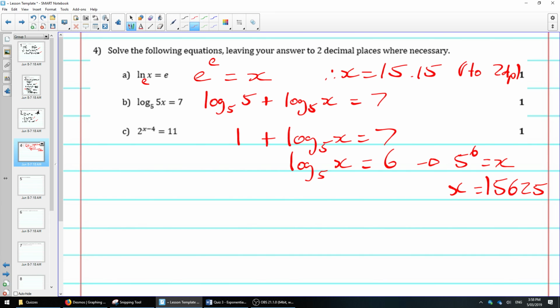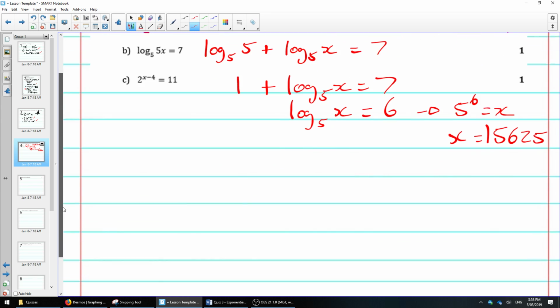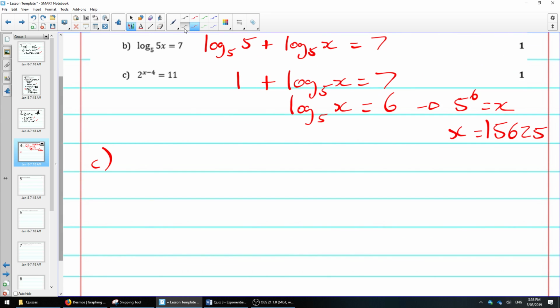Suggestions how I'd solve this? Put it in log form. Generally, if we have ugly logarithmic equations, we want to change to exponential. Same thing here. If I have an exponential, I want to change it into log form. So remember, the base becomes the base, and the subject becomes the thing that's being logged, so we have x minus 4.